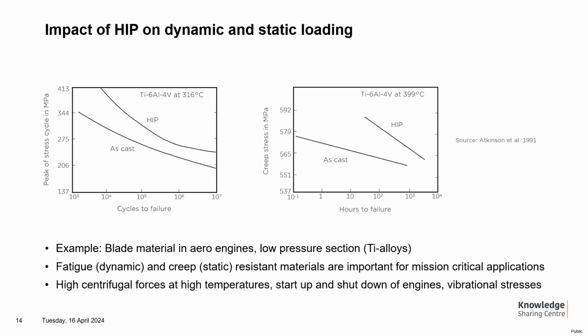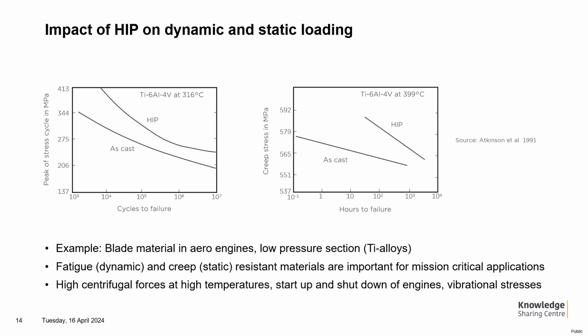Now we are interested in the impact of HIP on the mechanical properties, in particular on the dynamic and static loading. We compare the fatigue properties and the creep properties of a titanium alloy that is used in gas turbines. We compare the as-cast condition having porosity with the HIP-treated condition having no porosity.